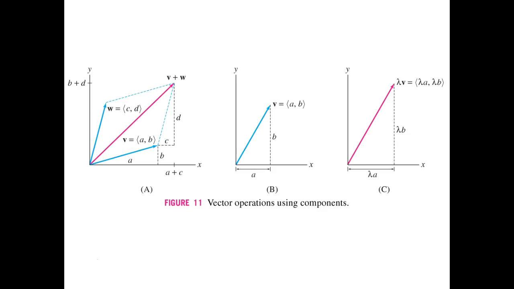Even though they're showing it by the parallelogram method, if you look carefully, this is vector A, B, A on the x-axis, B on the y-axis.